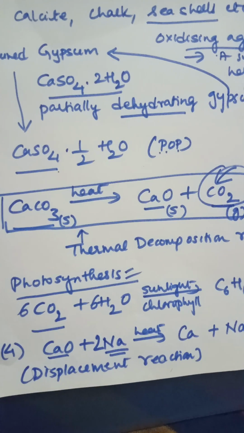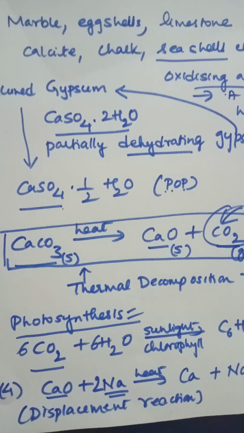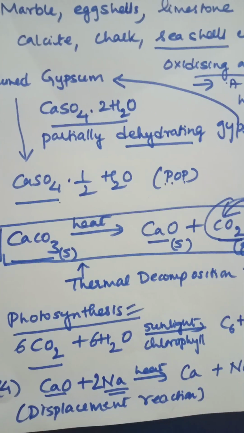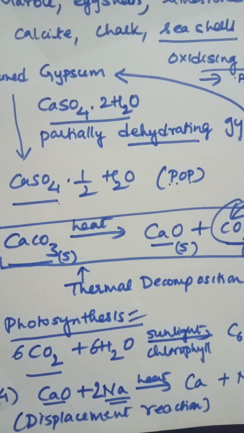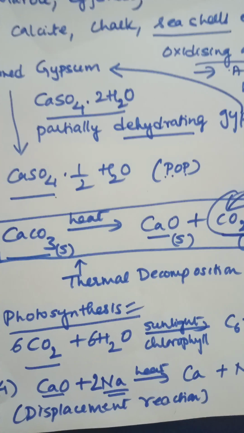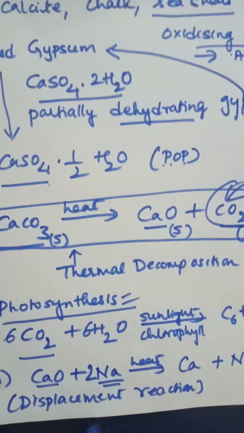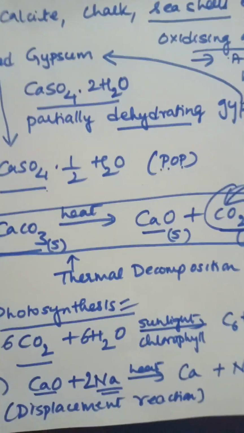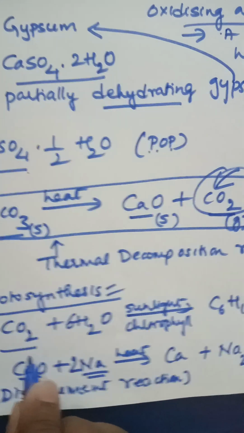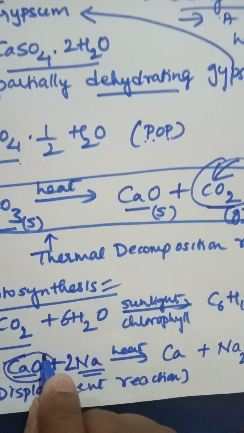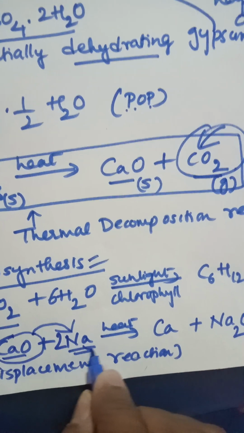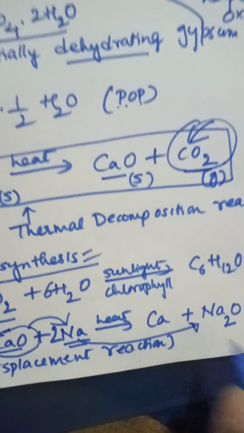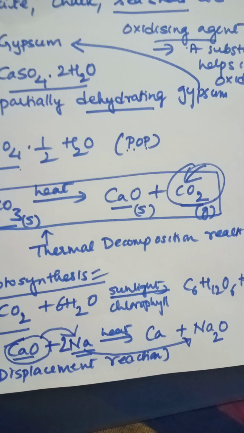Whenever they ask you to identify the oxidizing agent or a reducing agent, concentrate on the reactants. Only reactants can be called oxidizing agents or reducing agents. Which of the two reactants is supplying oxygen? Obviously, calcium oxide is supplying oxygen to sodium, helping in the oxidation of sodium.